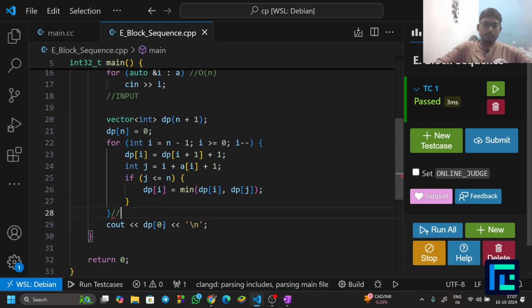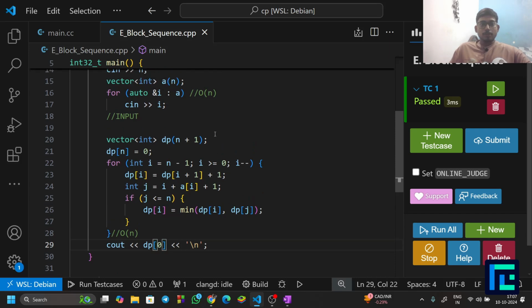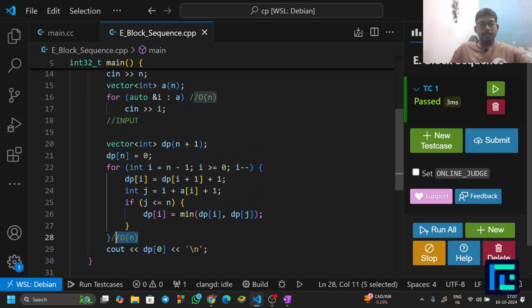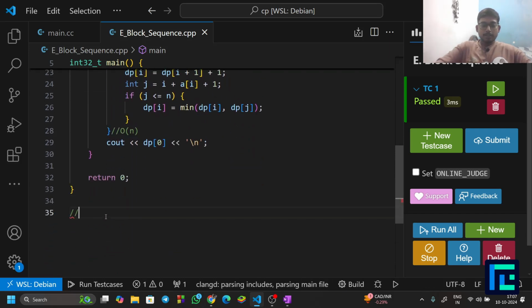So the loop runs order of n times, and then we print our answer. Overall, the time complexity for this solution is order of n.